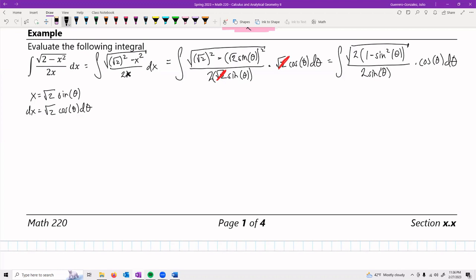Stuff is looking a little nicer. So let's keep going. Equal to integral. It's going to be a root 2 out front, and then there's going to be a divided by 2 from the bottom. So it's going to be root 2 over 2 times the integral. It's going to be this 1 minus sine squared. That's cosine squared, and then we take the square root of that. So at the end, what we'll have is just cosine theta on top, cosine of theta over sine of theta.